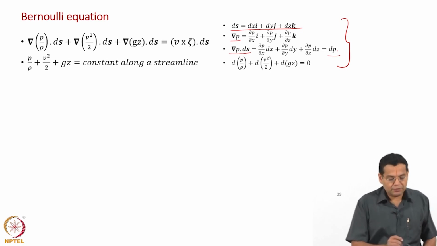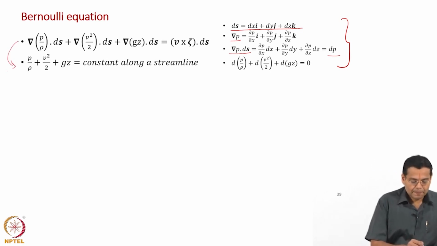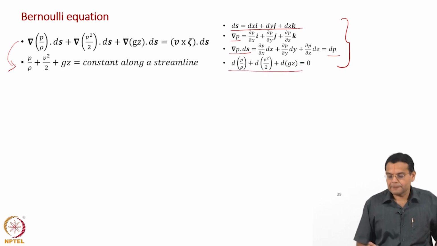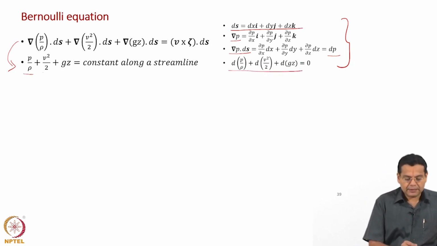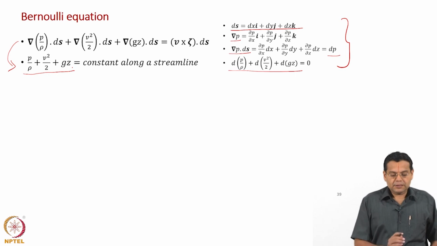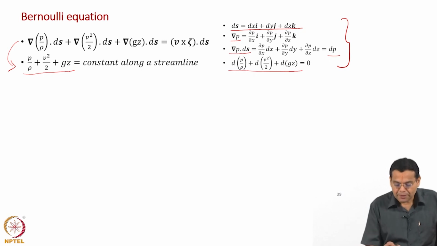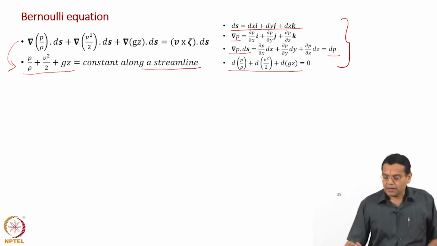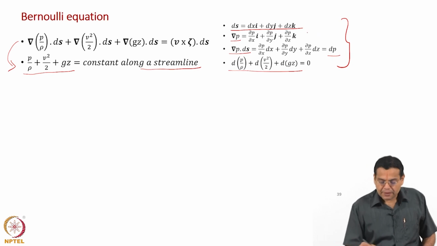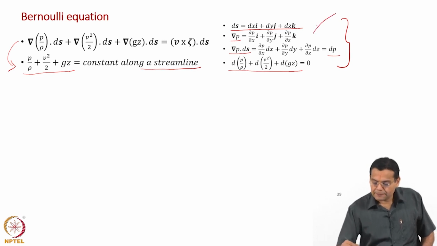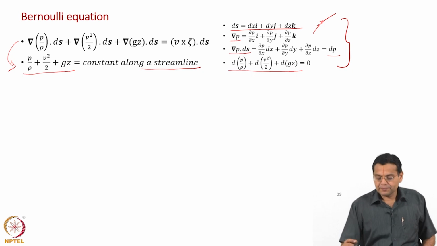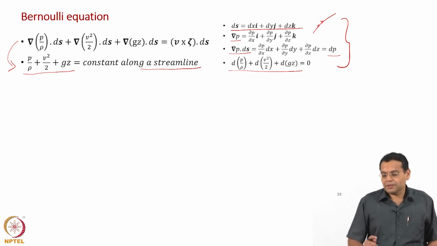So, we could express this equation first in terms of differentials, and then we said the sum of these three terms, namely pressure, kinetic and potential energy per unit mass, is equal to a constant along a streamline. I also told you that we take 2 points which are very near, that is what the differential means, but they should be along the streamline.